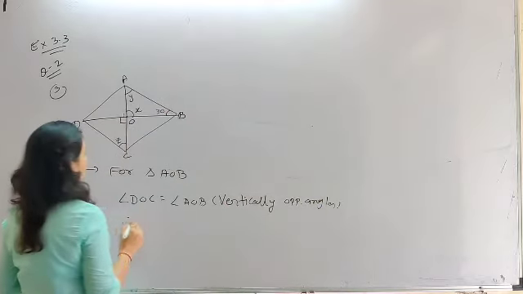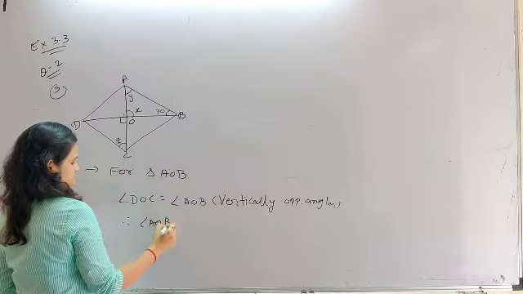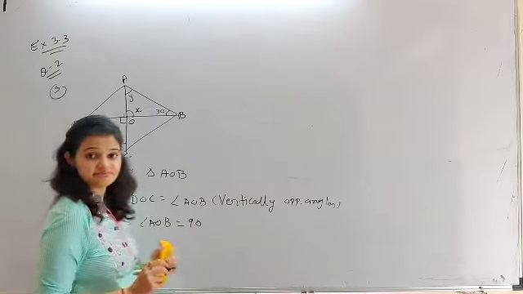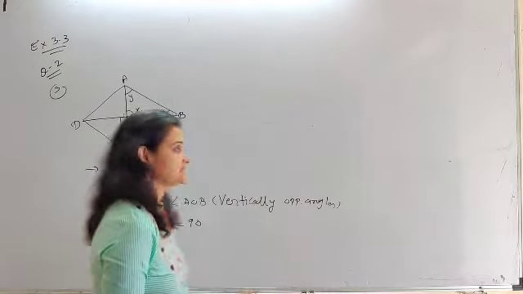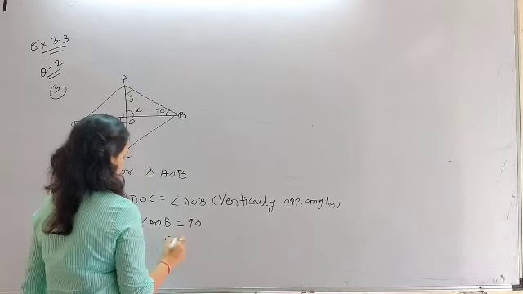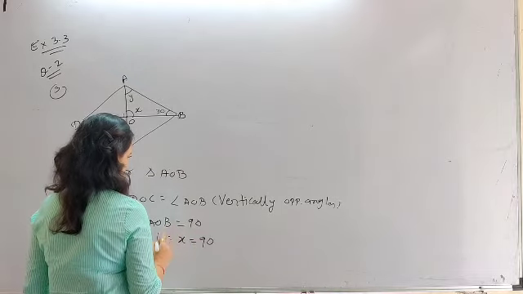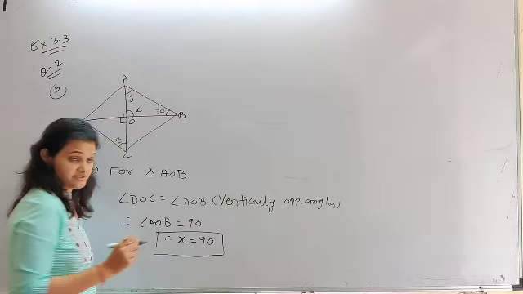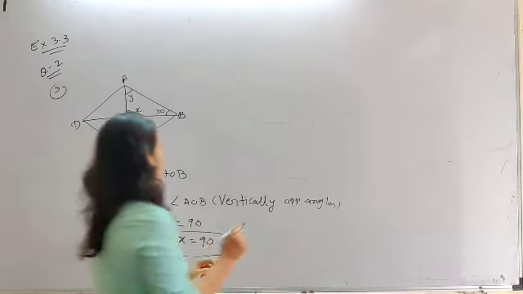So angle AOB is also 90. Angle AOB is 90. That means x is equal to 90.